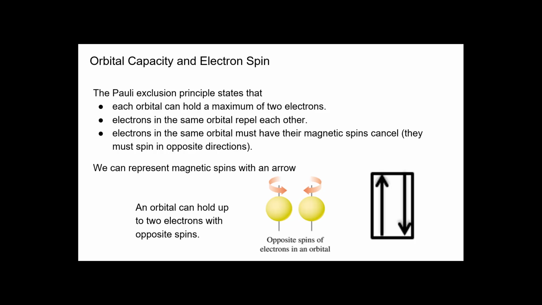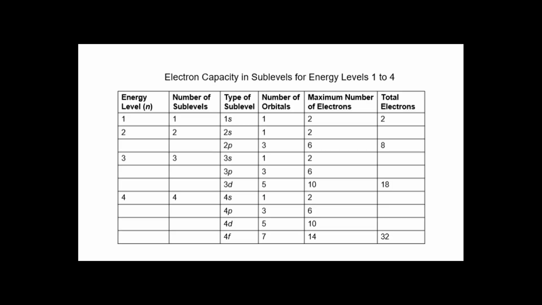Electrons in the same orbital repel each other, so they have to have magnetic spins in opposite directions to be able to be in the same orbital together. Again, magnets with the same ends don't want to be near each other. You'll feel that push where they want to be far away, but if you flip them, they will go together easily.